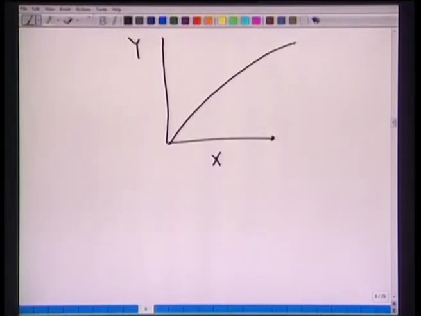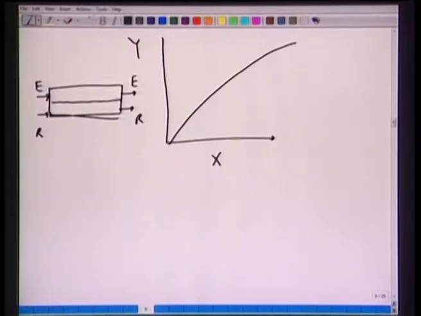Now we are discussing this continuous contactor in which the two streams make an entry here, E and R. But now we are saying that there is a mass transfer from the E phase to this R phase.